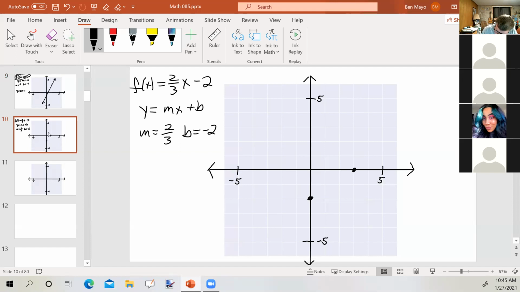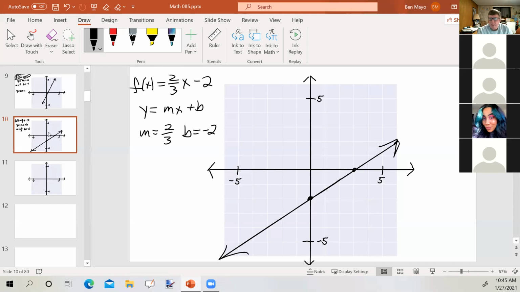We go up 2 and over 3, up 2 and over 3. And here is the graph of f of x equals 2/3 x minus 2. Any questions about that?